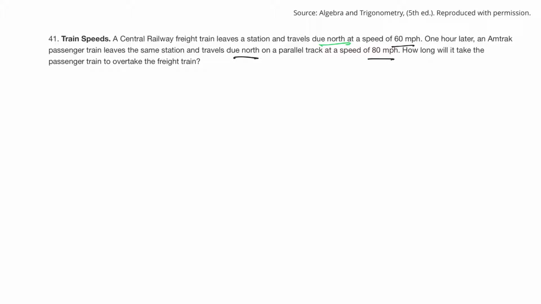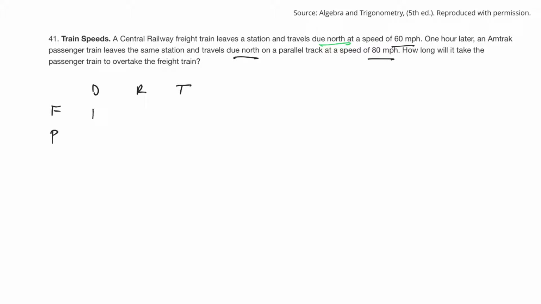And then they ask, how long will it take the passenger train to catch up to the freight train? So to do this, I like to use that distance equals rate times time. And I'm going to find out that information about both the freight train and the passenger train.